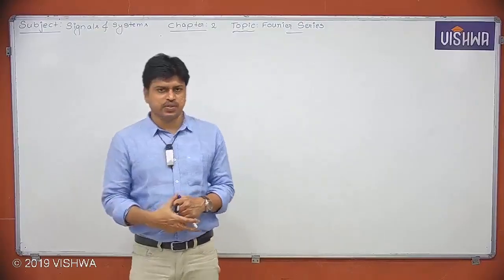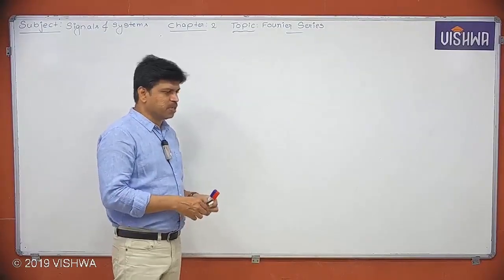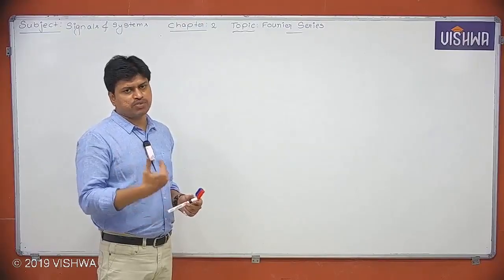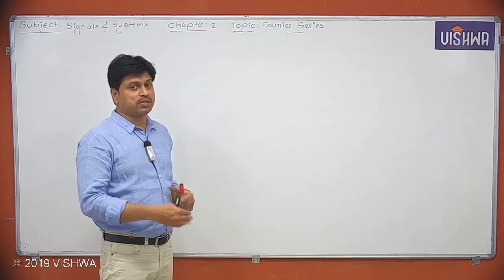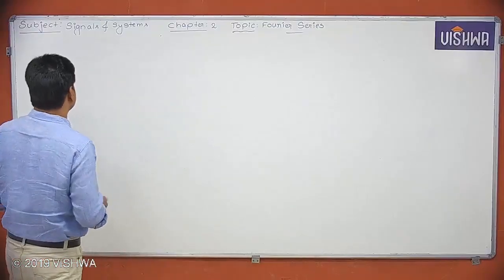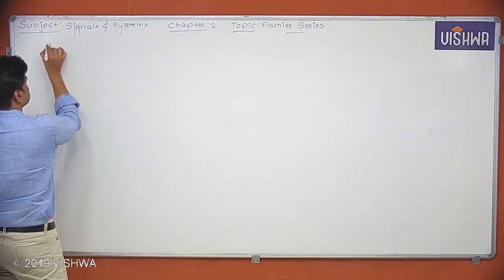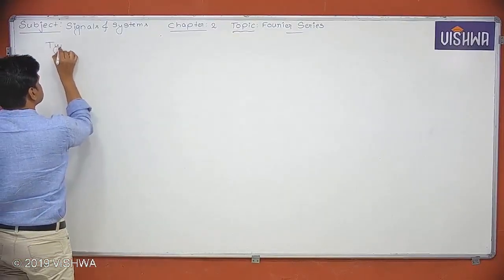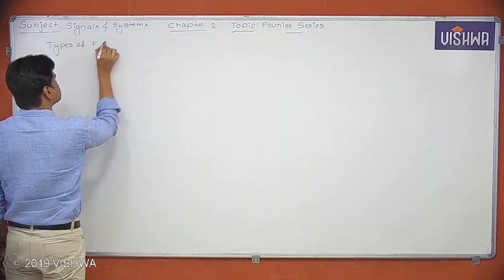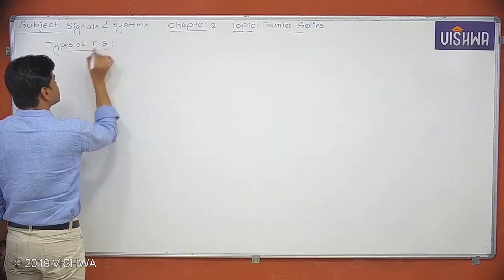Now let's enter into the real topic, Fourier series. We can represent a periodic signal by using Fourier series. There are three kinds of Fourier series. FS means Fourier series.